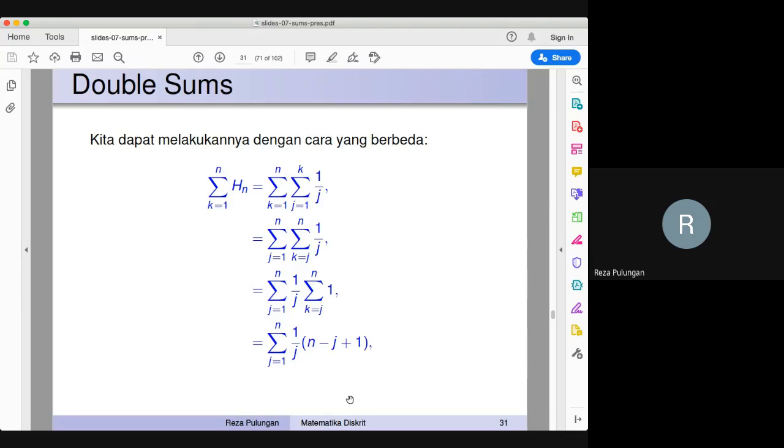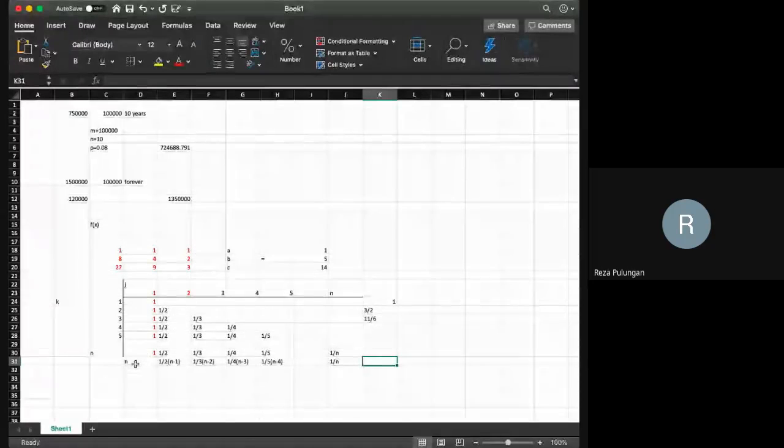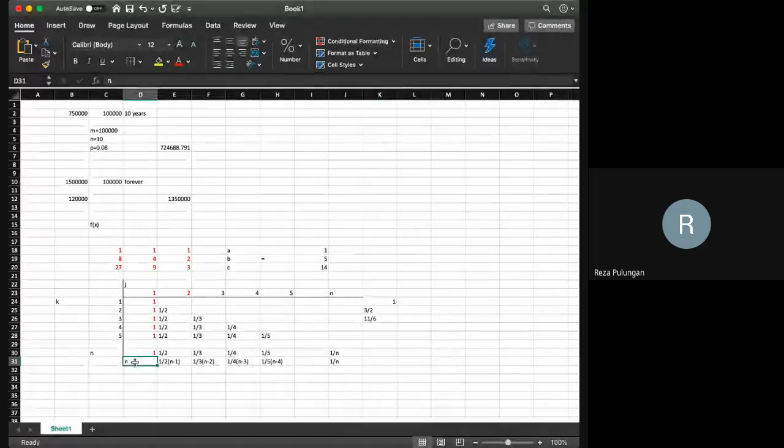Let me return again to this Excel slide to show you a better way of looking at this. This is the one when it's n. So you know this n. This is 1/2 multiplied by n minus 1. This is 1/3 multiplied by n minus 2.